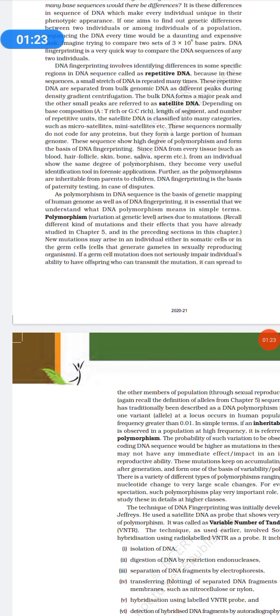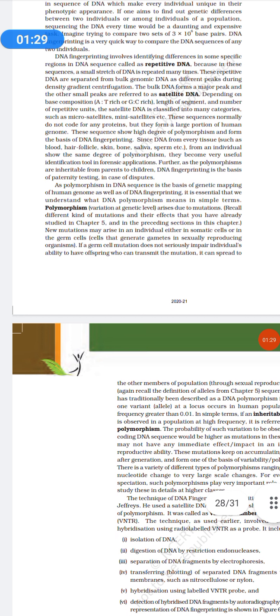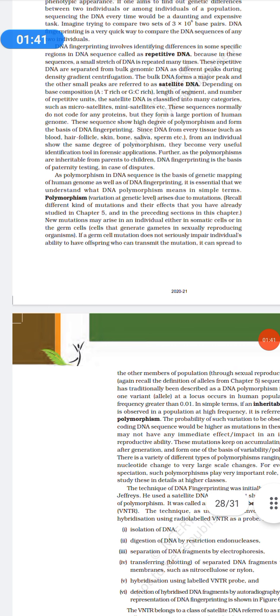These sequences show a high degree of polymorphism and they form the basis of the DNA fingerprint. Since DNA from every tissue, be it hair, blood, or skin, shows the same degree of polymorphism, it becomes very useful as a forensic tool.